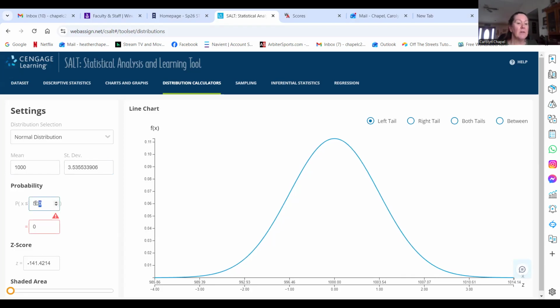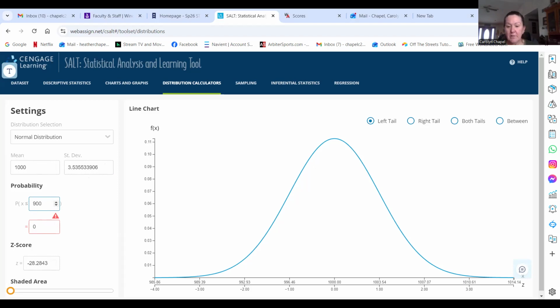And then we're going to do, what is the probability that we are less than the 900 that our sample was. Now, again, we're getting at the 0, which is what we thought, but you'll also see the z-score popping up right there. So our test statistic kind of is calculated for us. So if you're not real good at calculating that test statistic formula, you can do it this method because it will calculate it for you. But you do have to remember the sigma divided by the square root of n when we're doing this.